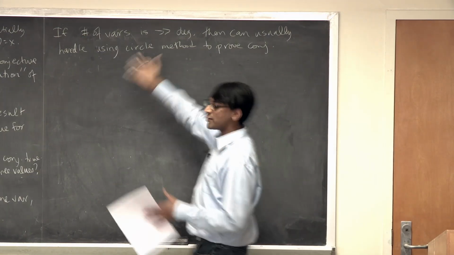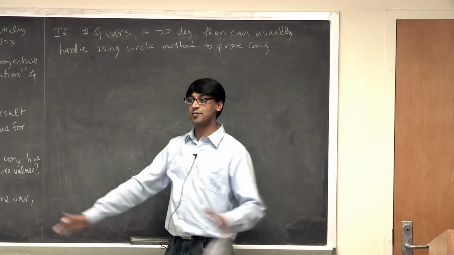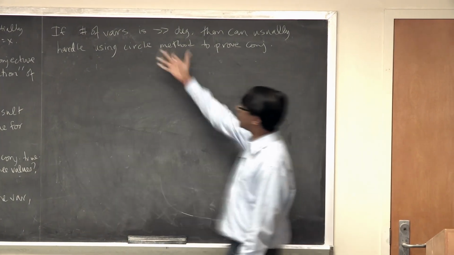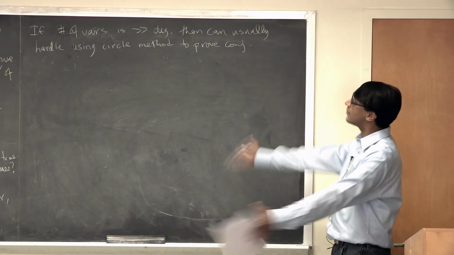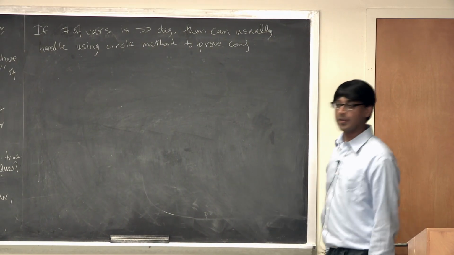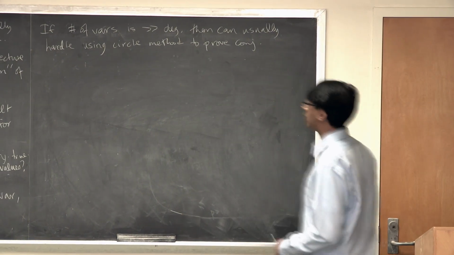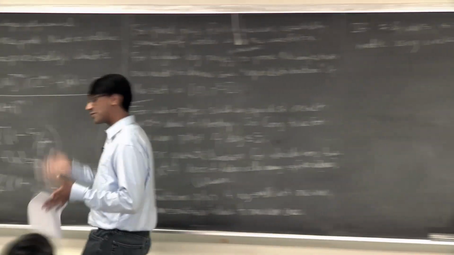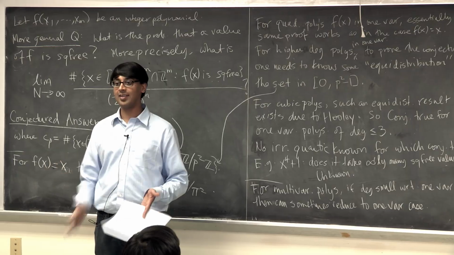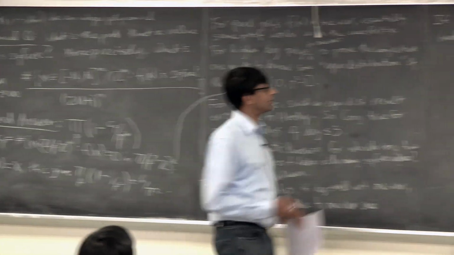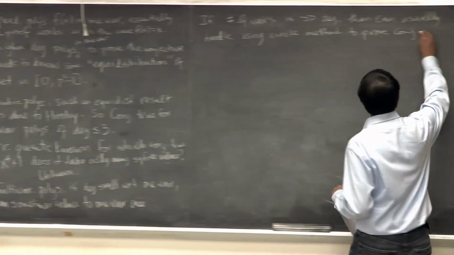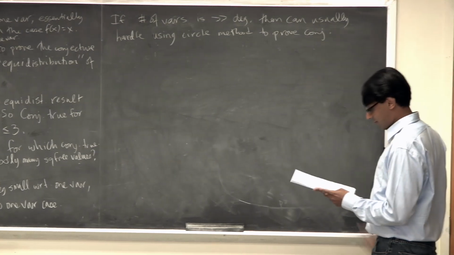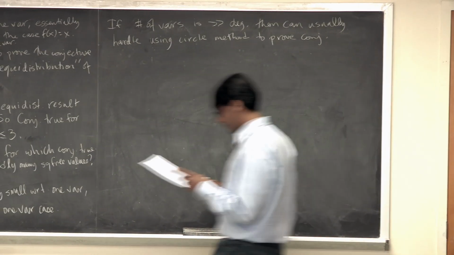That's assuming that the polynomial is not a composition of some smaller degree polynomials or something. But if it's a polynomial in which the circle method applies, where you have lots of variables compared to the degree, then the circle method allows you to prove the conjecture. So there's this intermediate range where the number of variables is about the same order as the degree, and there none of the known techniques apply. Okay, so that's essentially what's known.